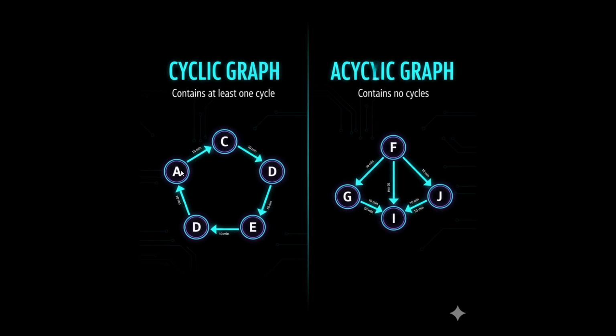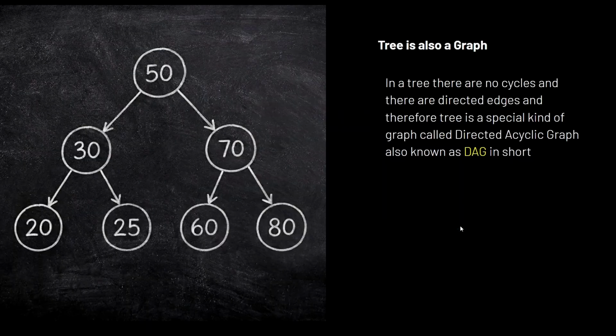So I can start from node A, and by moving in this graph, I can reach back to A again. Therefore there is a cycle in this whole graph, and it's a cyclic graph. But in the case of this other graph, I cannot reach one node from itself. For example, if I go from F to G, then I cannot go back to F. So this is an acyclic graph.